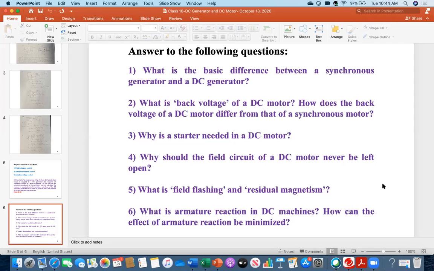Everybody remembers that when we were studying a few classes back, the synchronous motor also has a back voltage. But what is the difference between the back voltage for a DC motor and for a synchronous motor? What is the difference that you are noticing?